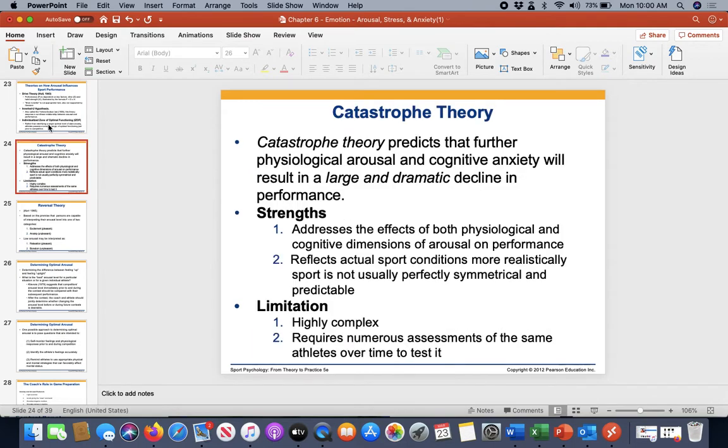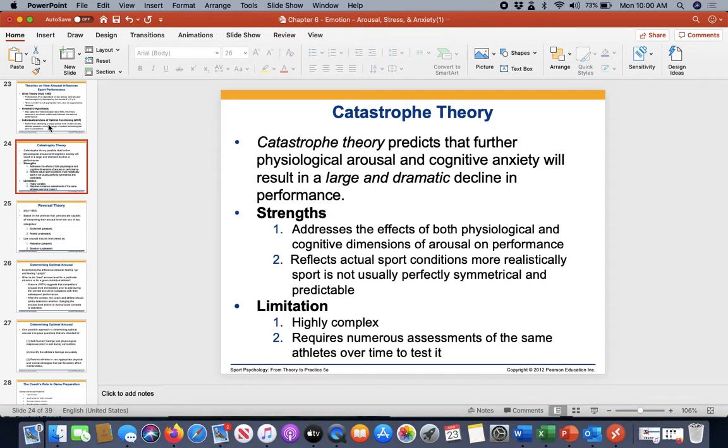There's also something called Catastrophe Theory. It basically says that the more overly aroused and more anxious a person gets, the larger and more dramatic the decline is going to be.